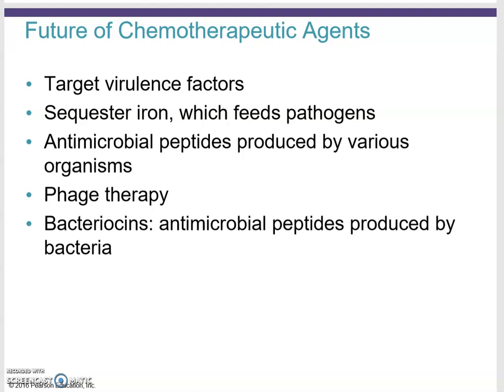Phage therapy would mean that you are trying to infect the bacteria that make you sick with a bacteriophage, a bacterial virus that then attacks the bacteria. So that's a possibility. Bacteriocins, those antimicrobial peptides produced by bacteria themselves, so sort of using the ideas the bacteria themselves come up with to outcompete other species of bacteria, to exploit that for potential future antibiotics.